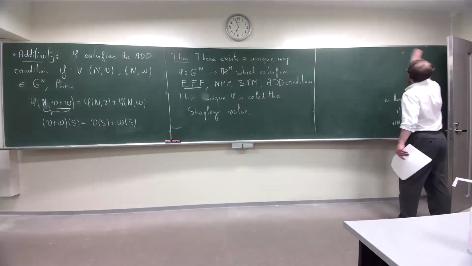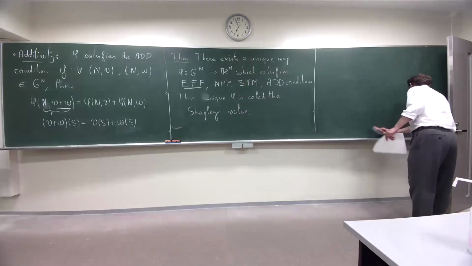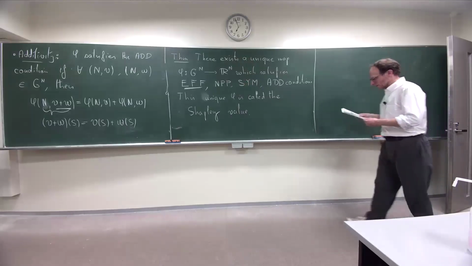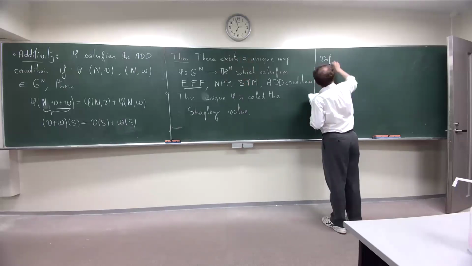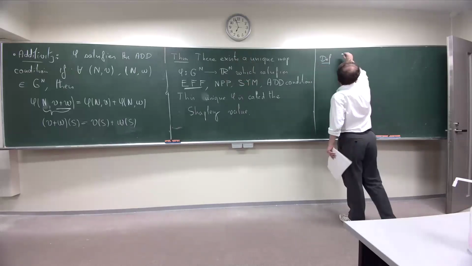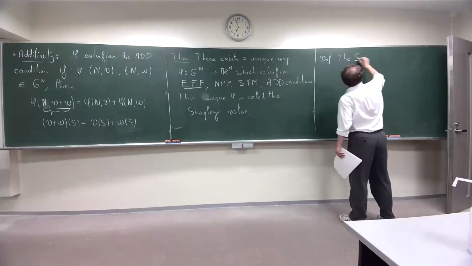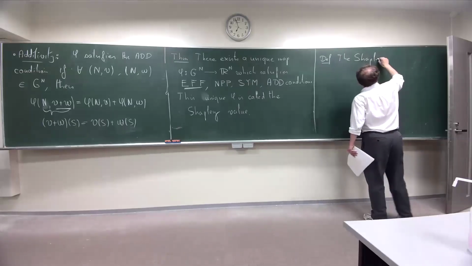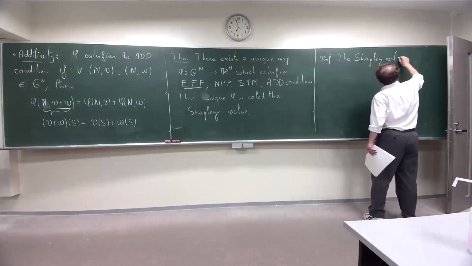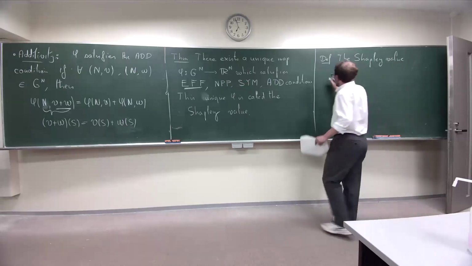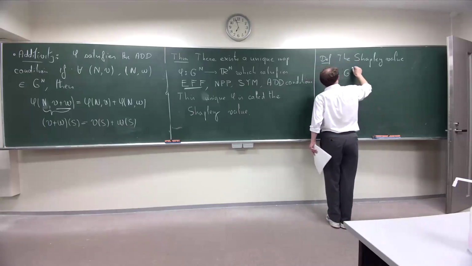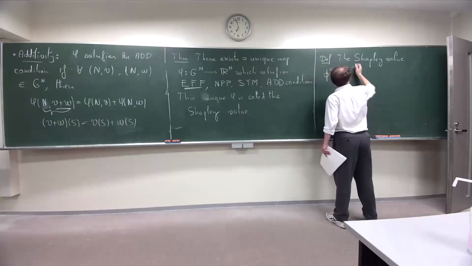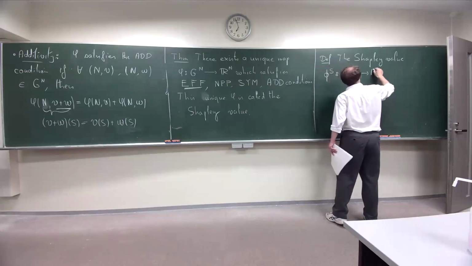And what is this Shapley value? There is even a formula, so I give you the formula right now. The Shapley value is a function from the set of all TU games to Rn.